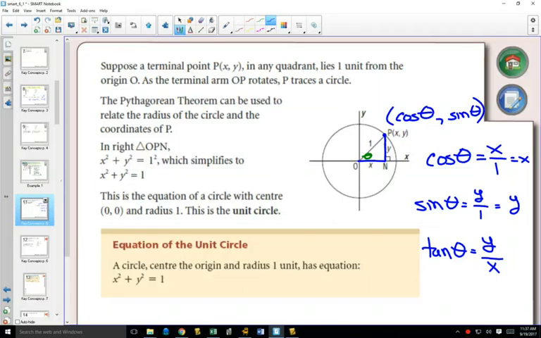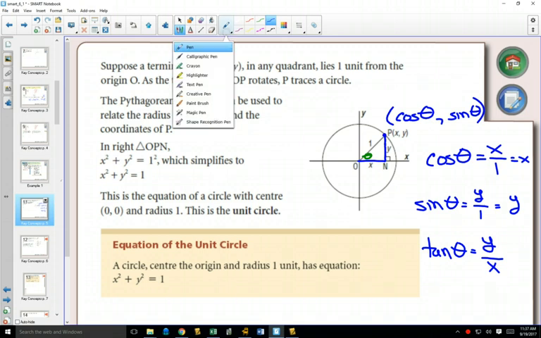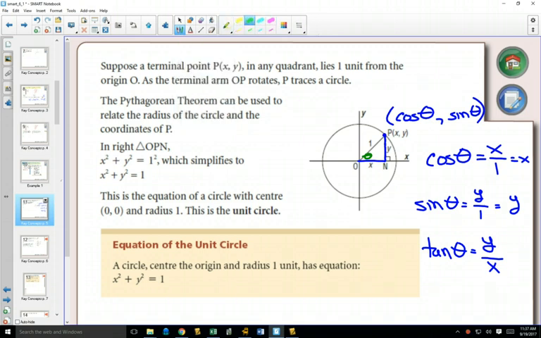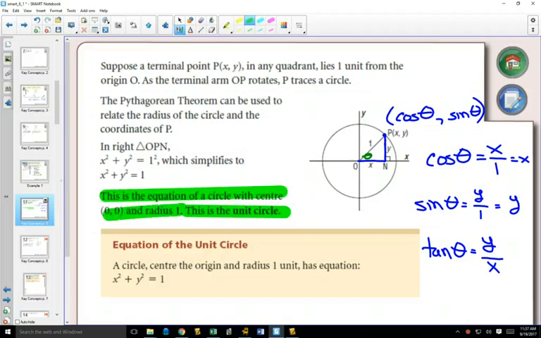And so the first big idea, and we'll list them afterwards, is that any point on the unit circle, and that's what this circle is called because it has a radius of 1 and a center at 0, 0, that's called your unit circle. Any point on the unit circle, instead of describing it as x comma y, you can now just take the angle and describe it as cos theta comma sine theta.